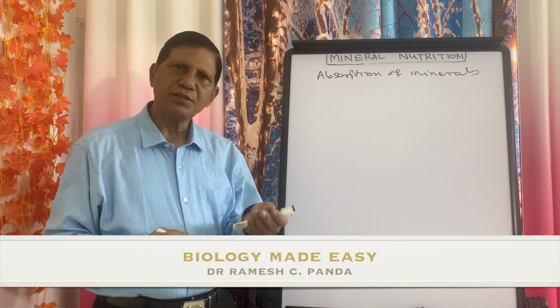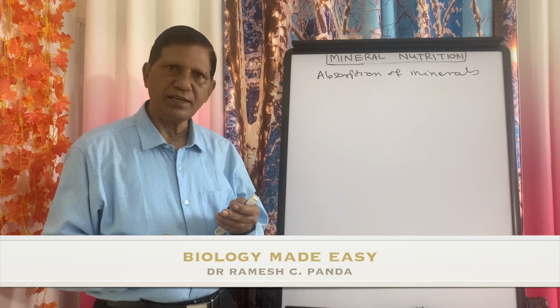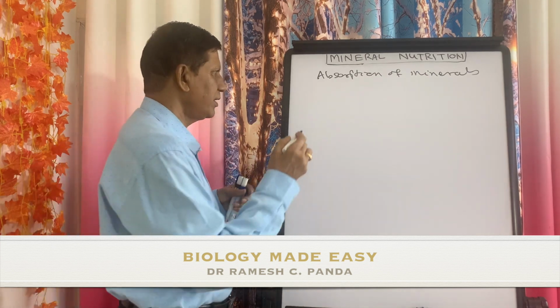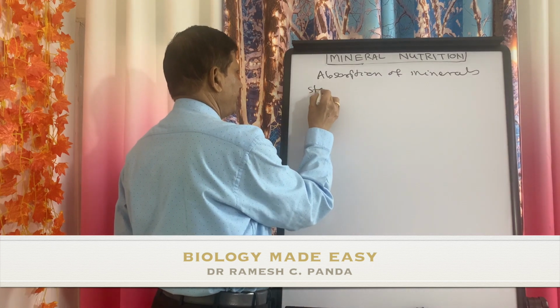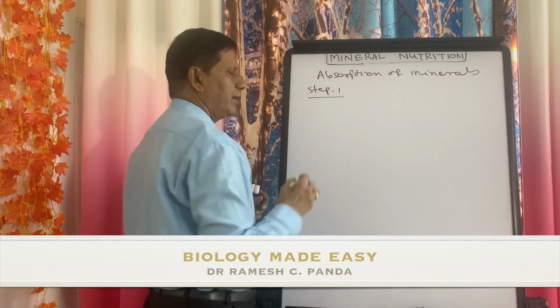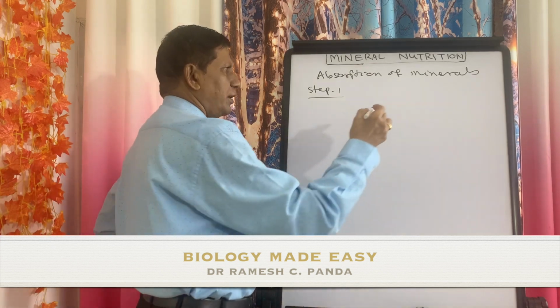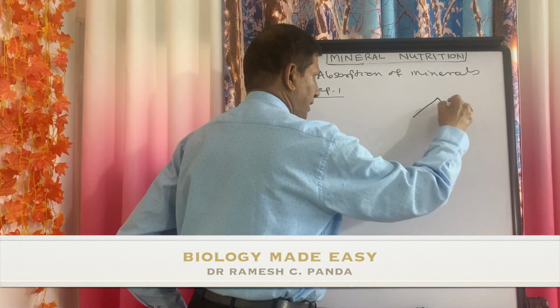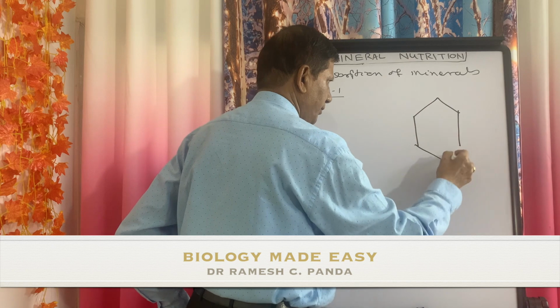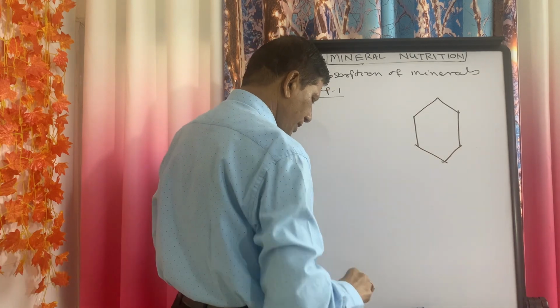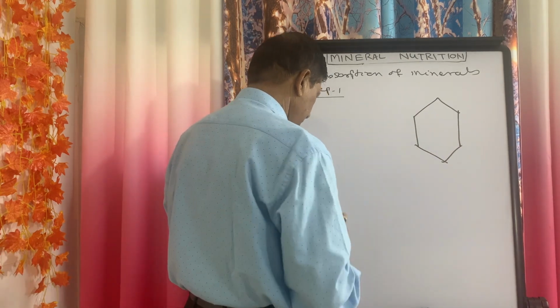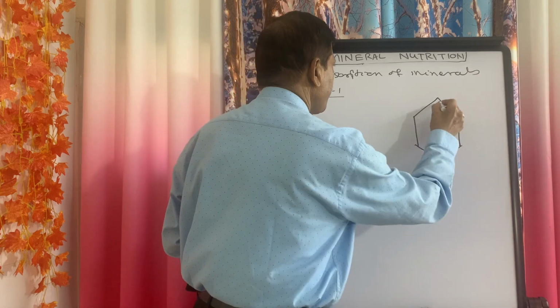Usually the entry of these minerals into the cell takes place in two steps. So step 1. In step 1, let us first draw one diagram so that it will be very clear. This is the cell wall, and this is the cell membrane.